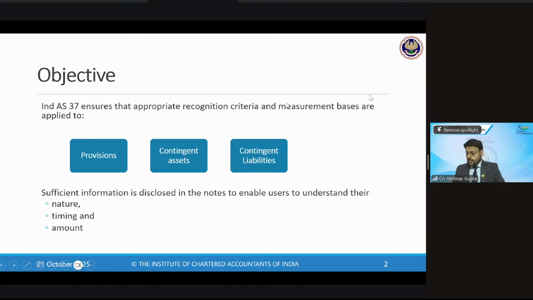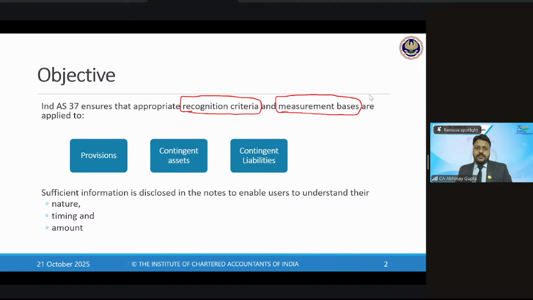Now, what's the objective of this standard? So the standard provides a recognition criteria. On what basis we will recognize something in our books of accounts, right? And the measurement basis which will be applied for these three items, right?